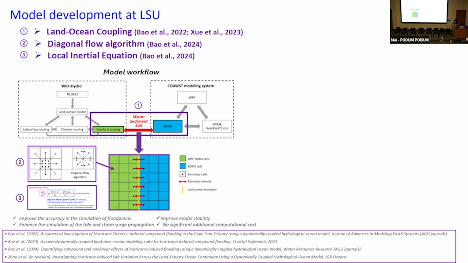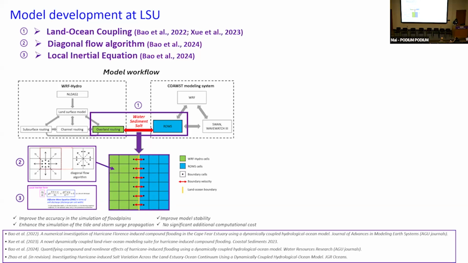Further, we introduced a diagonal flow algorithm and local inertial equations. All these developments improve model accuracy for simulation in low-lying coastal areas and river floodplains. They also enhance the simulation of storm surge during hurricanes, and improve model stability without introducing additional computational cost.